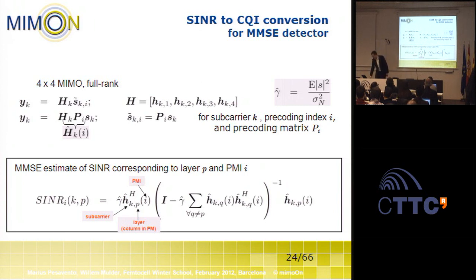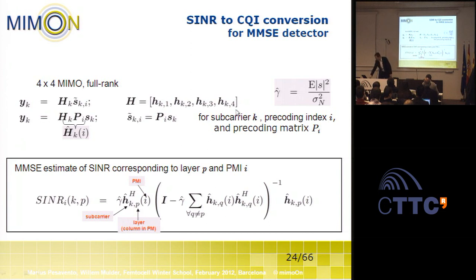We see that, in fact, this symbol vector after precoding is the symbol vector before precoding multiplied with some particular precoding matrix. So for these signals that we transmit, we can estimate the SINR values.